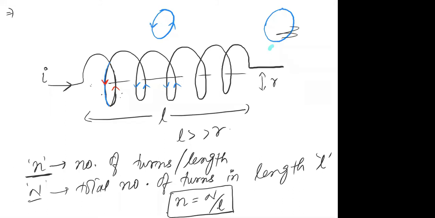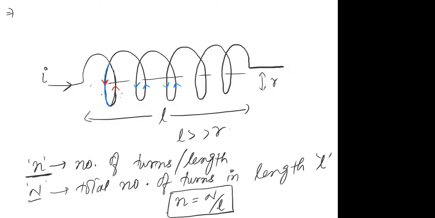Let us find the direction of the magnetic field now, and for that I will be taking another diagram. I have shown you the direction of current, correct? Now assume that you have cut the solenoid along its length. If you cut the solenoid along its length, the diagram that will be observed is called the cross-sectional view.